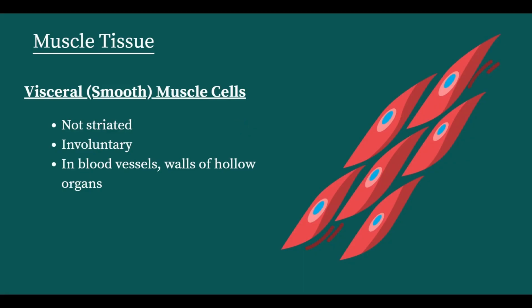So, for example, in the walls of hollow organs of your digestive system, what do we call it when the muscular tissue is contracting in the digestive system? We're going to talk about this a little bit more, but we call that peristalsis. That is when the smooth muscle cells are contracting to push food along through the digestive system.